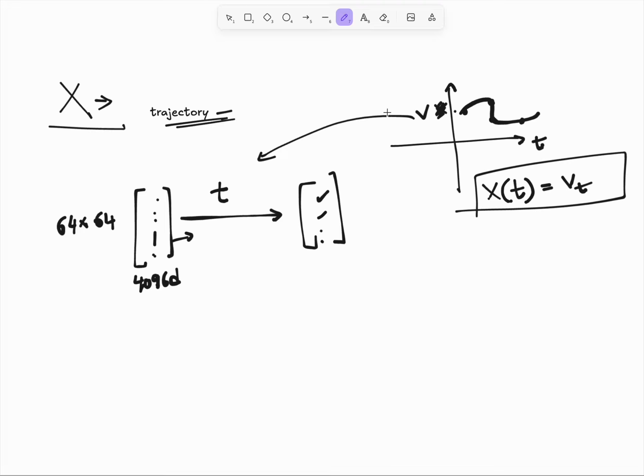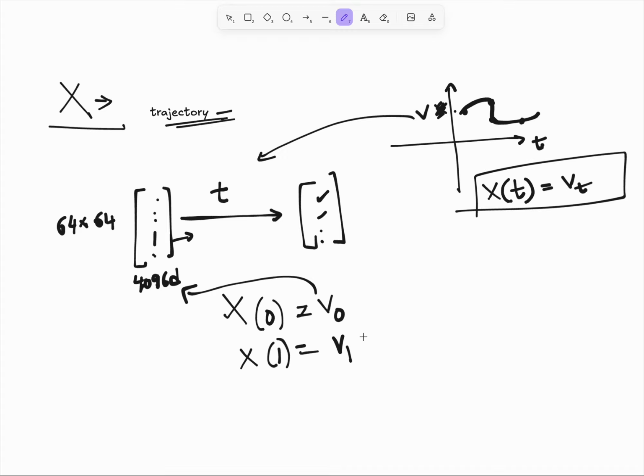Again, if you try to imagine this in 4096 dimensions, for x at t0, you'd get v at 0, which would correspond to this noisy latent here. The trajectory at 1 would correspond to the vector at time step 1.